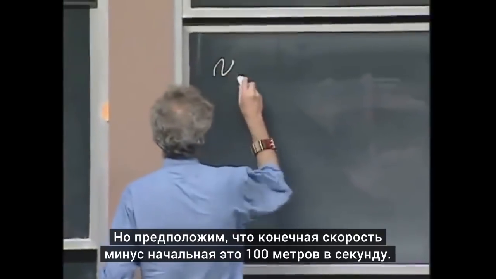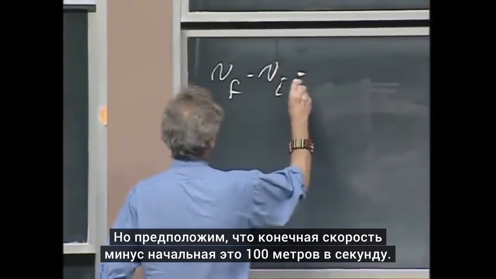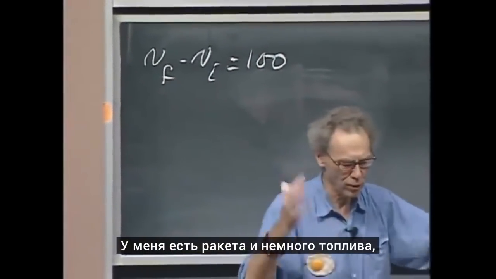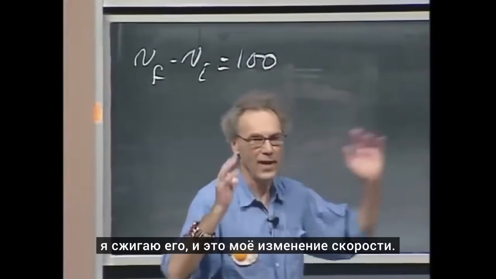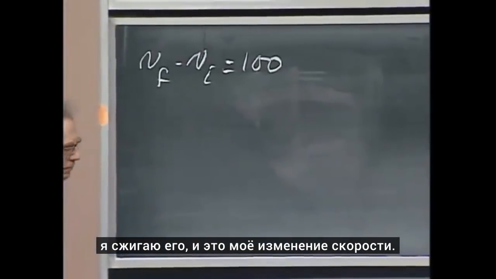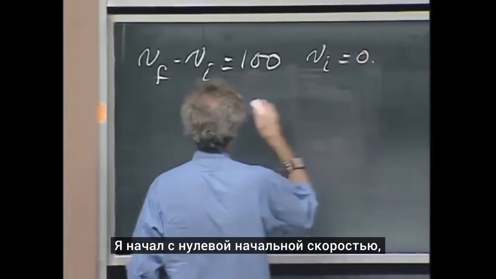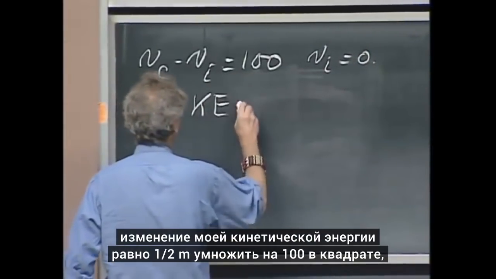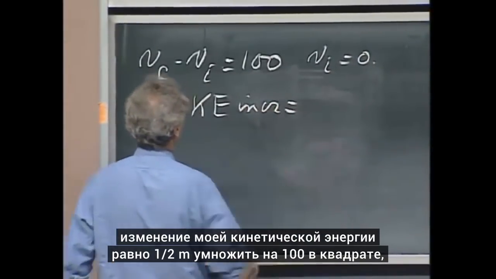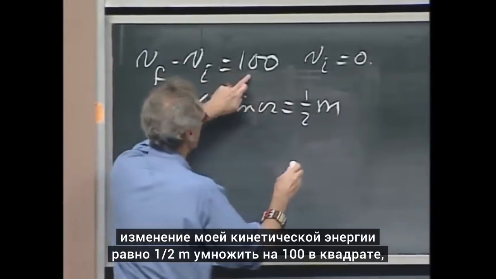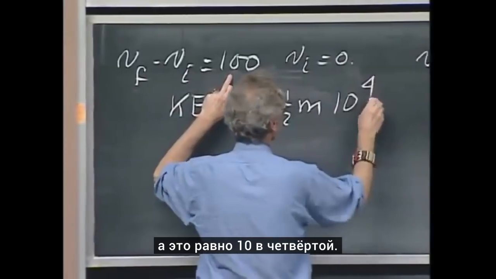Let's suppose that V final minus V initial is 100 meters per second. That's just a given. I have a rocket, I have a certain amount of fuel, I burn it, and that is my change in velocity. I start off with V initial is 0. So my kinetic energy increase is 1/2 m times 100 squared, which is 10 to the 4th.